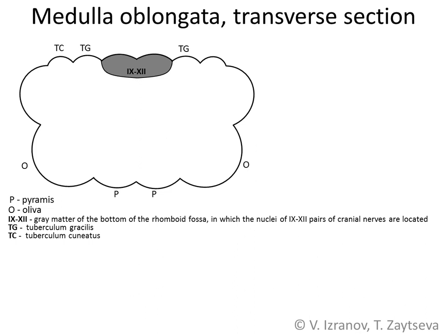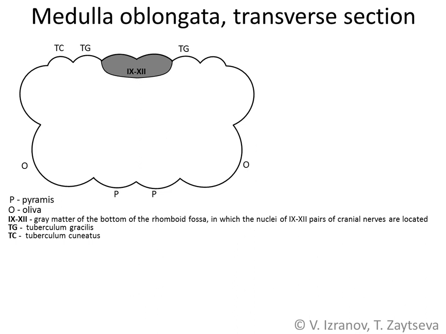We know that tuberculum gracilis and tuberculum cuneatus are prolongations of fasciculus gracilis and fasciculus cuneatus, which we know in spinal cord. So these fasciculi in spinal cord reach these tubercles and have synaptic contact with second neurons.